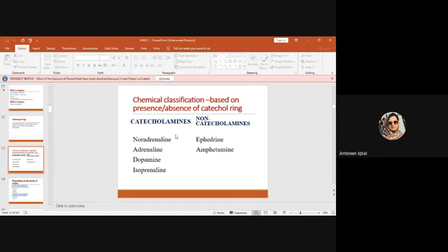So we can name a few catecholamines like noradrenaline, adrenaline, dopamine, isoprenaline. Non-catecholamines include ephedrine, amphetamine. I'm again going to revise these names. Catecholamines are noradrenaline, adrenaline, dopamine, and isoprenaline. Non-catecholamines are ephedrine, amphetamine.